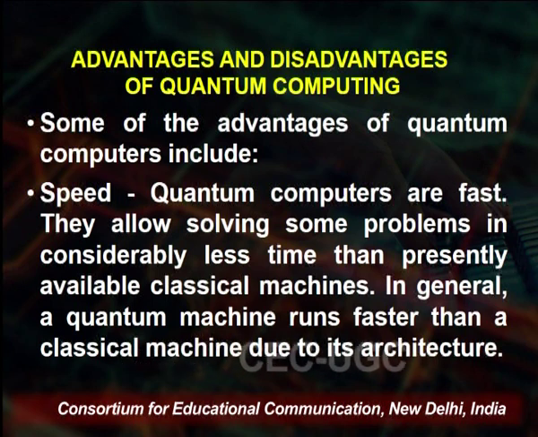Now we can discuss some of the advantages and disadvantages of quantum computing. If we talk about the advantages, speed is the first advantage. Quantum computations are fast and allow solving some problems in considerably less time than the presently available classical computers.